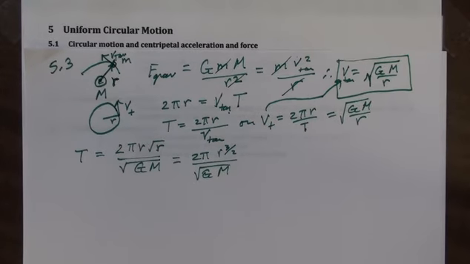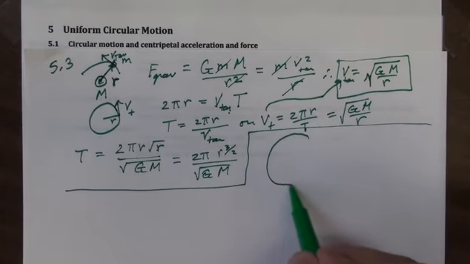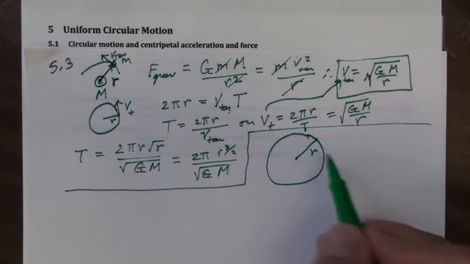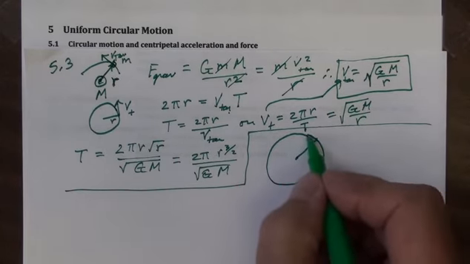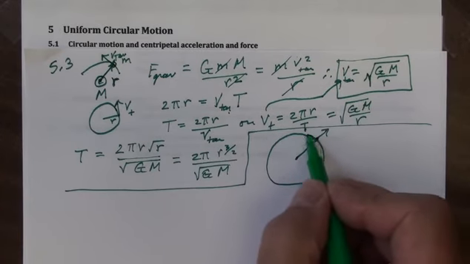Also, we can look at artificial gravity, and we've seen that in the movie 2001, where we have a space station, perhaps shaped like a cylinder or as a donut, and has a radius r. What we want is to emulate the gravitational acceleration on this inside surface.